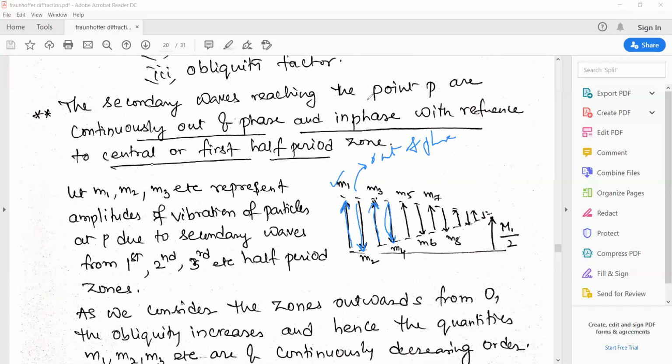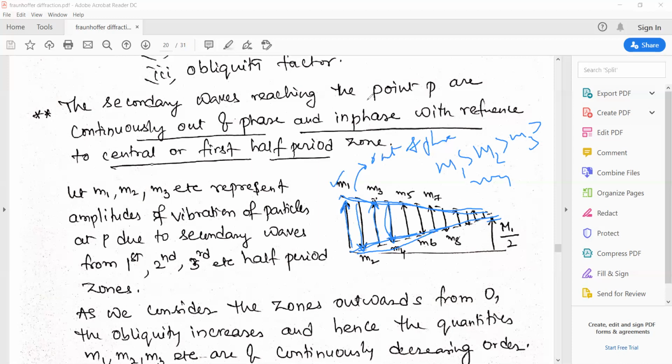And also one thing you should consider here. You see the amplitude keeps on reducing. Amplitude values: M1 is greater than M2, M2 is greater than M3, M3 is greater than M4. So amplitude keeps on decreasing, and also obliquity is increasing. You see the angle made by that.